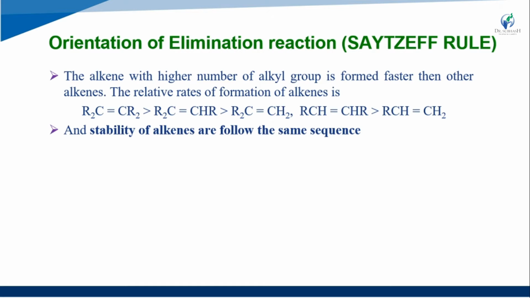The alkene with a higher number of alkyl groups forms faster. The relative rates of formation of the alkenes are: R2C=CR2 is greater than R2C=CHR, which is greater than R2C=CH2 and RCH=CHR, which is greater than RCH=CH2.